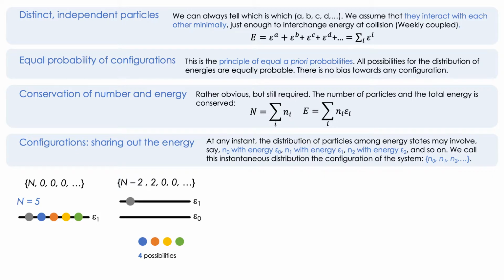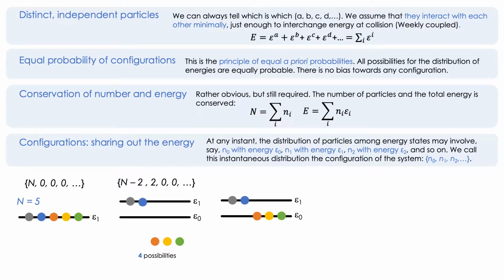Remember, we are doing the N-2, 2, 0, 0 configuration, or for 5 particles, the 3, 2, 0, 0 configuration. So in E1, there should be 2 particles. We already chose one, the gray one. Now we need to choose another one among these 4 possibilities. So imagine we choose the blue one.